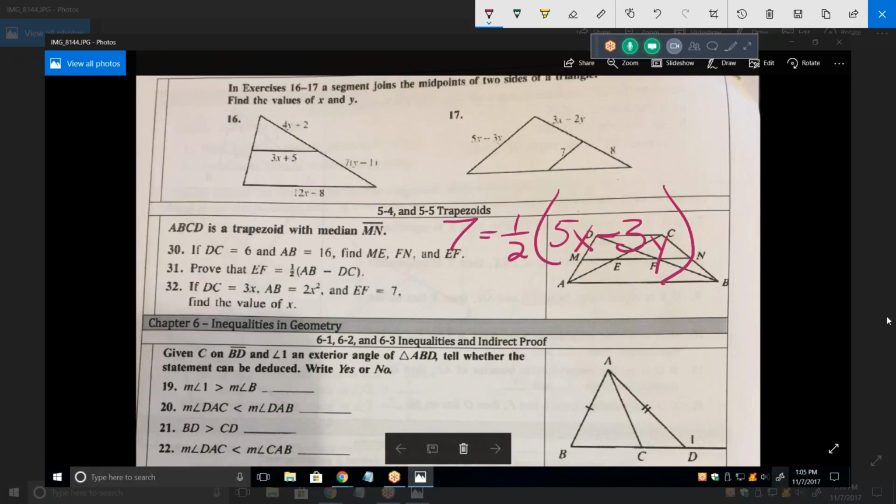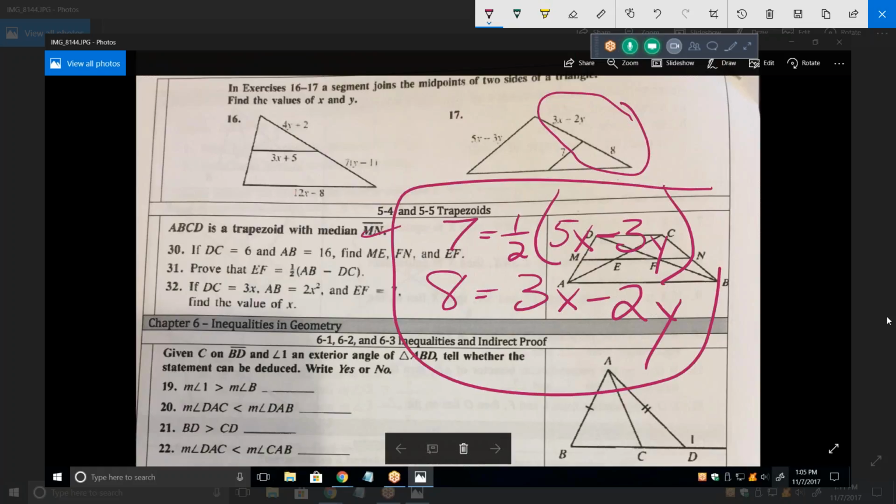Okay, now here we can't solve it because we have two variables and one equation. But now give me an equation that relates those two together. 3x minus 2y equals 8. Now there's my system of two equations, two unknowns I'm going to be able to solve.